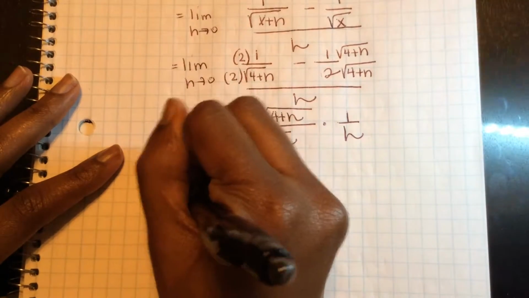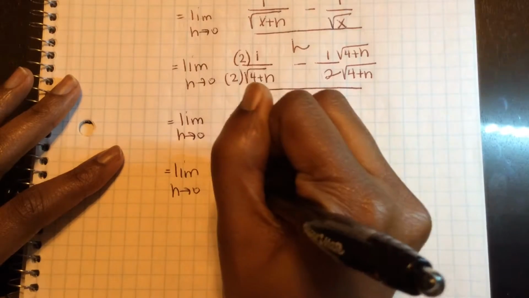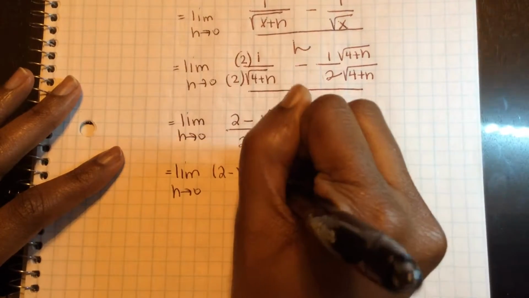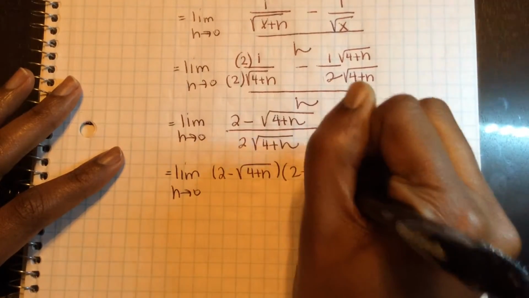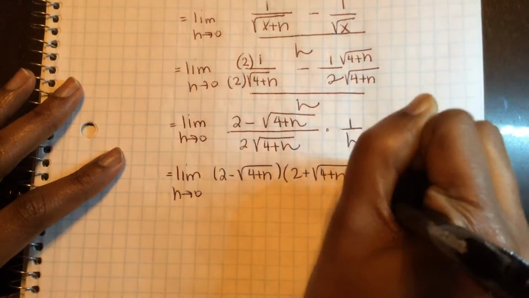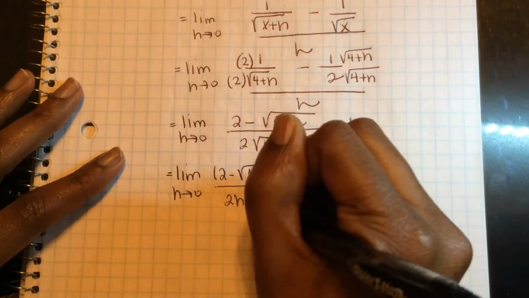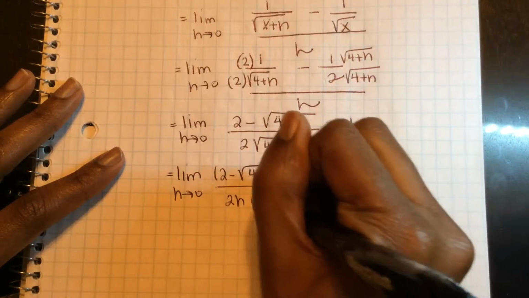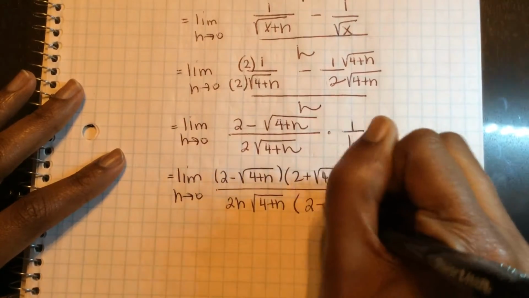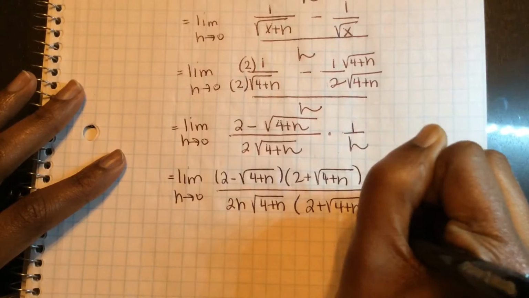So it's the limit as h approaches 0 of 2 minus square root 4 plus h times 2 plus square root 4 plus h over 2h, because I'm multiplying those two, square root 4 plus h times 2 plus square root 4 plus h.